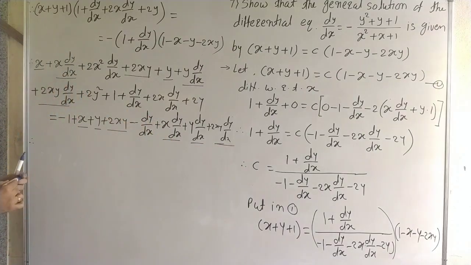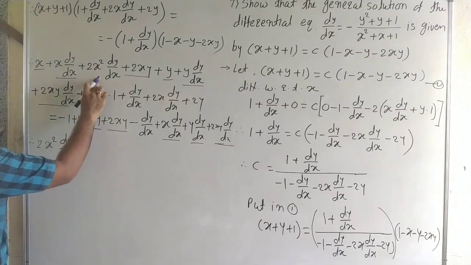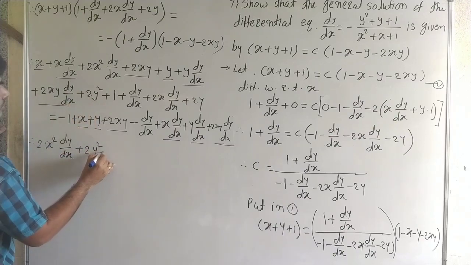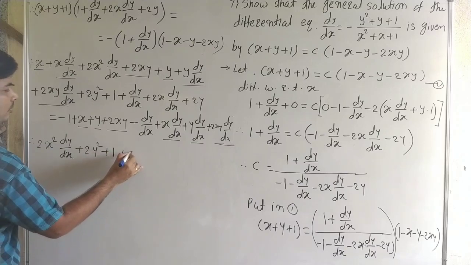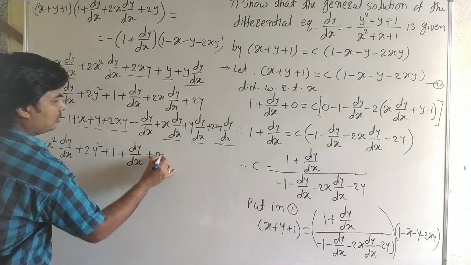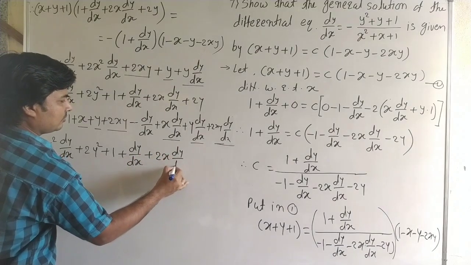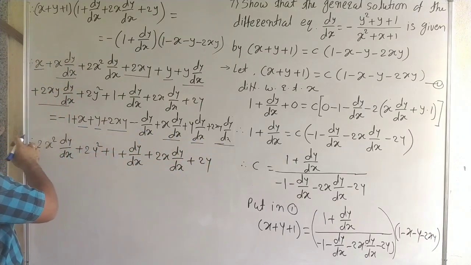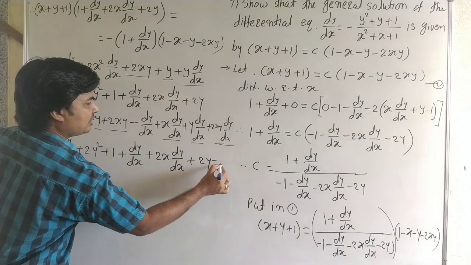Okay. Now the remaining terms are 2x square dy by dx, then plus 2y square plus 1 plus dy by dx plus 2x dy by dx plus 2y, and here it is a minus 1 is equal to minus 1.